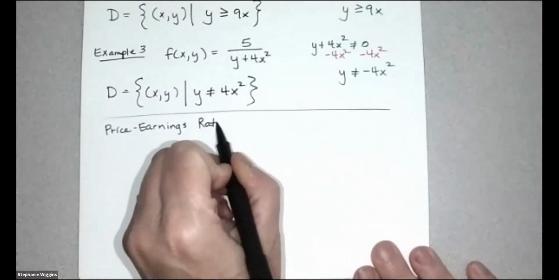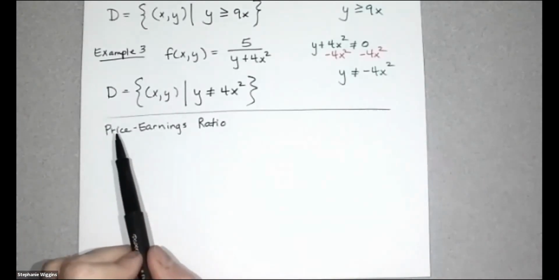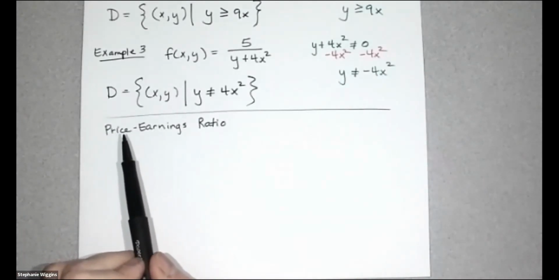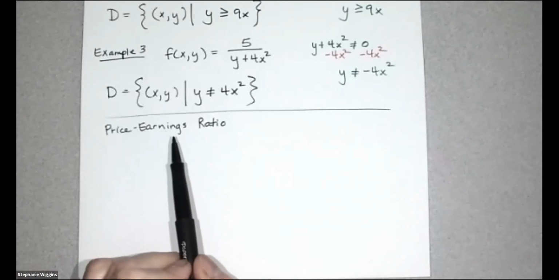It has something to do with stocks. So a ratio is just a fraction, and we have 2 variables here. We have the price of a stock per share, and then you've got earnings from your stock. That's also per share.